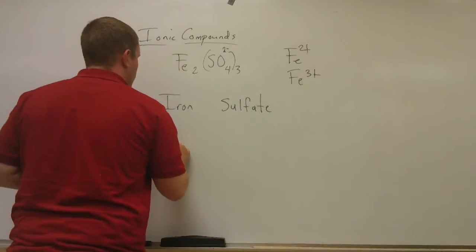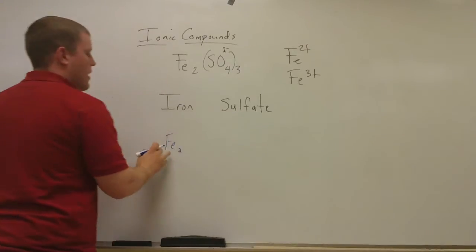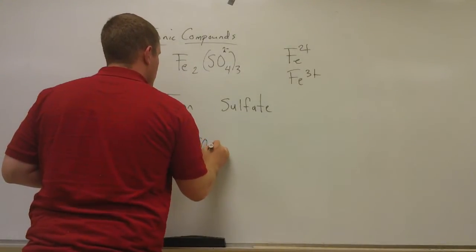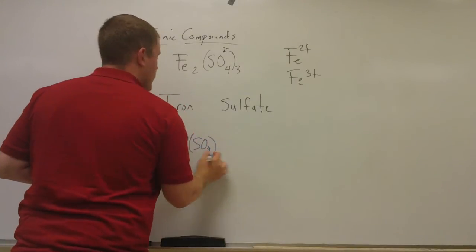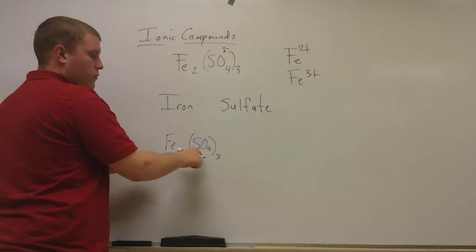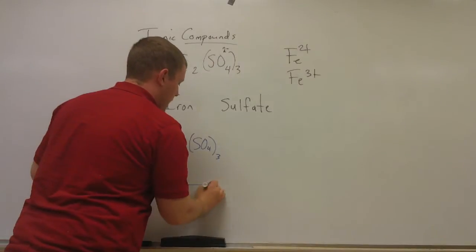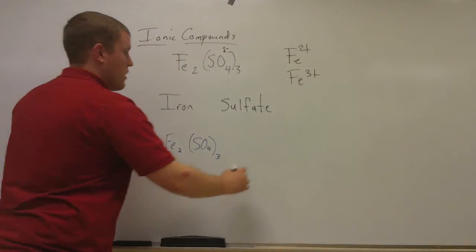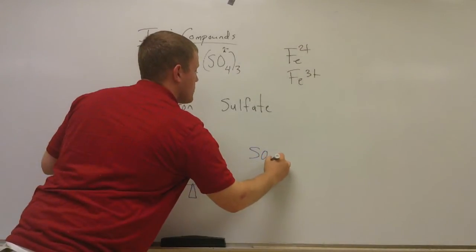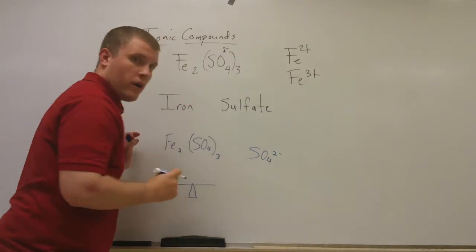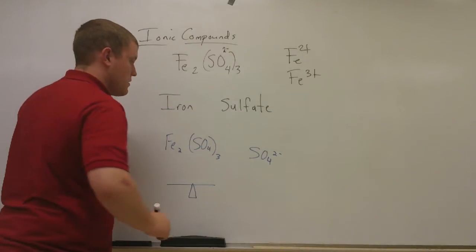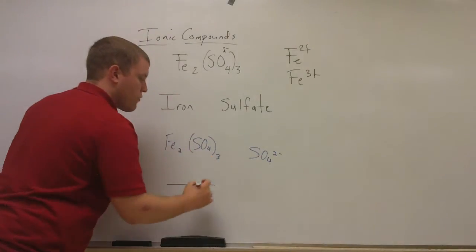We know that we have 2 iron atoms and 3 of these sulfate ions. Sulfate, remember, has a 2 minus charge, something you should have committed to memory by the time you come in August, and we have 3 of them right here.